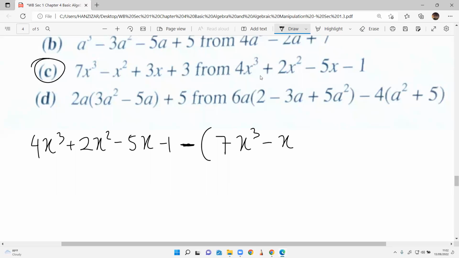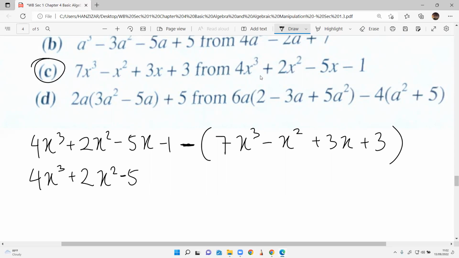Do it super slowly. Don't do it too fast. Okay. And then you just copy paste this because we are doing the bracket. Minus 7x cubed. And then plus or minus? Plus, because minus with minus.